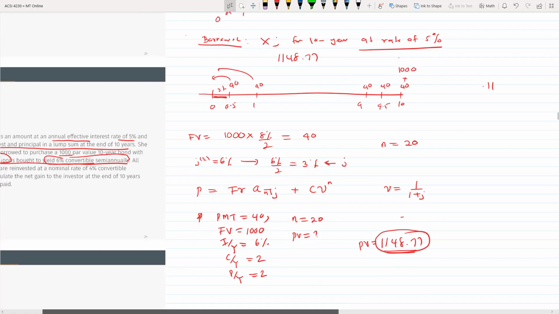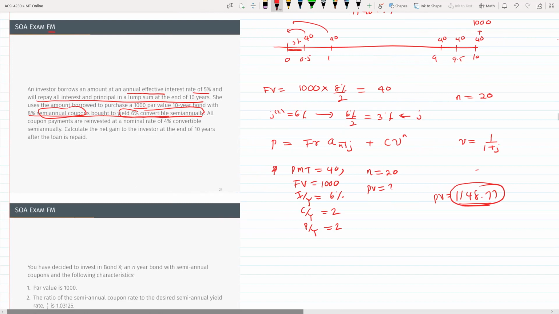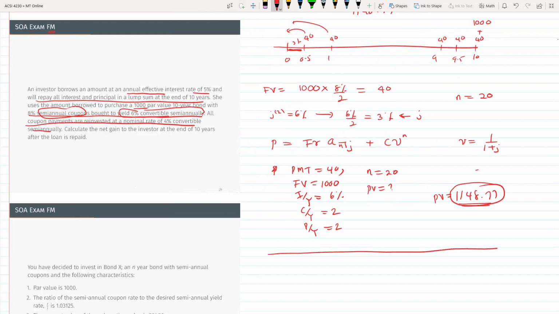So now let's go to the next part of the problem. All coupon payments are reinvested at a nominal rate of 4% convertible semi-annually. So let me draw the timeline. So here is 0, this is 0.5, and you are reinvesting that coupon amount, which is $40. And here is 40.